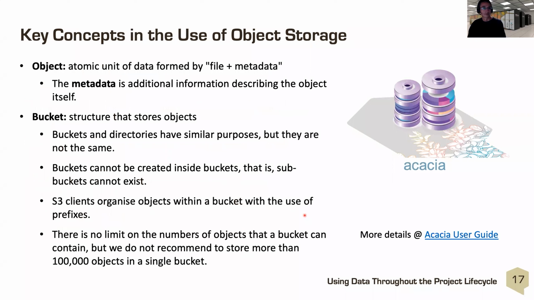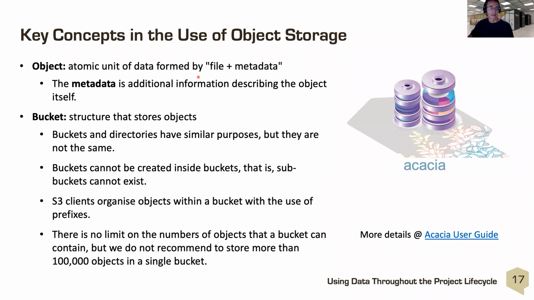Okay, so again, Acacia is not a file system, it's an object storage. So these are the two key concepts of the object store. First, an object. The ideal translation or very first analogy of an object is basically what in a file system we consider files.